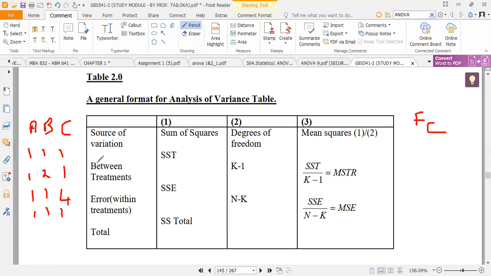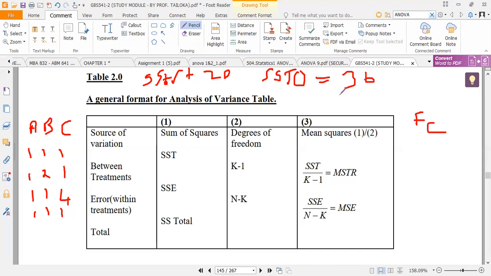Then we are told that our sum of square treatment, SS treatment, that we calculated was, for instance, 20. Then our sum of square total, suppose this was the total here, we have 36.